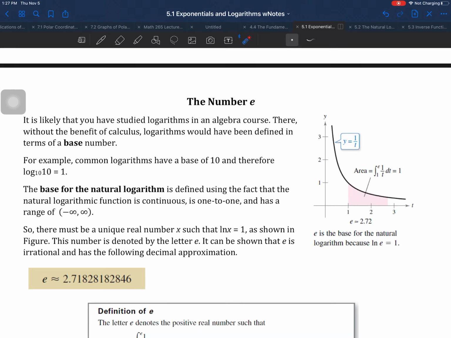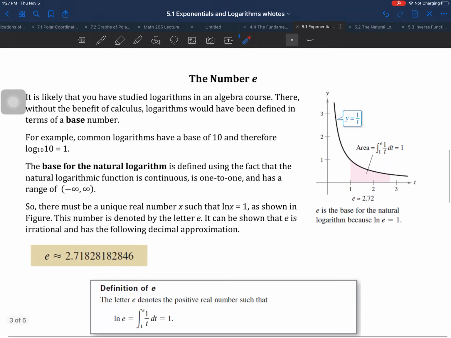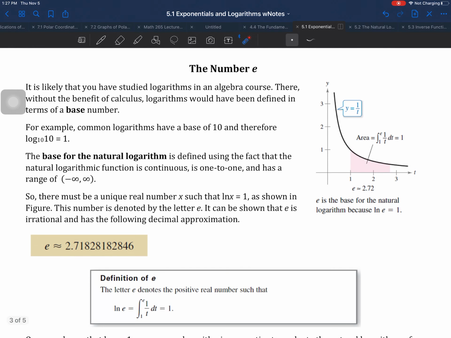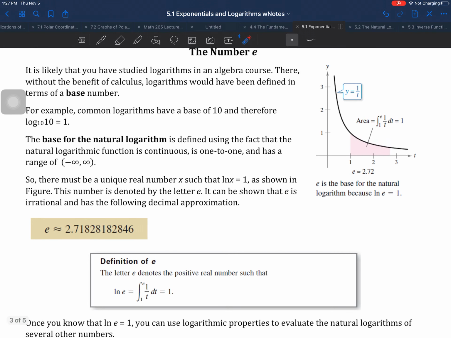There, without the benefit of calculus, logarithms would have always been defined in terms of a base number. For example, the common logarithm has base 10, and therefore log base 10 of 10 was 1. The base for the natural logarithm is defined using the fact that the natural logarithmic function is continuous, is 1 to 1, and has a range of negative infinity to infinity.